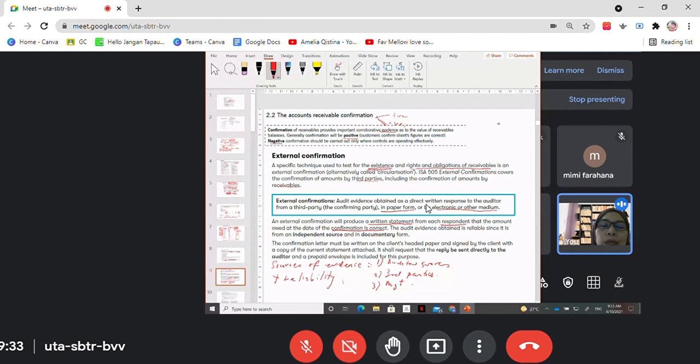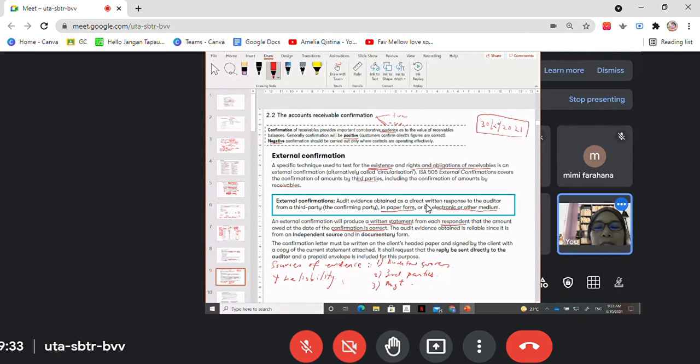The date of confirmation is the date of the year end of the financial statement, for example 30th June 2021, so you have to state the date.